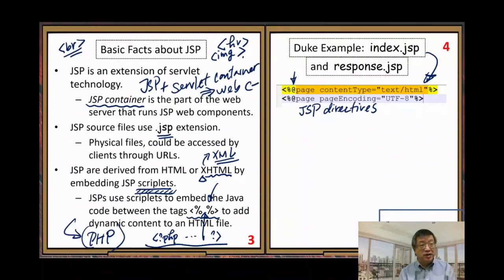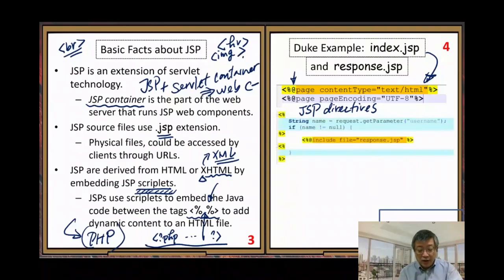This JSP element looks different from a JSP scriptlet. Only the percent sign, there is no at sign, but here we need to add an at sign. So that's the first variation.